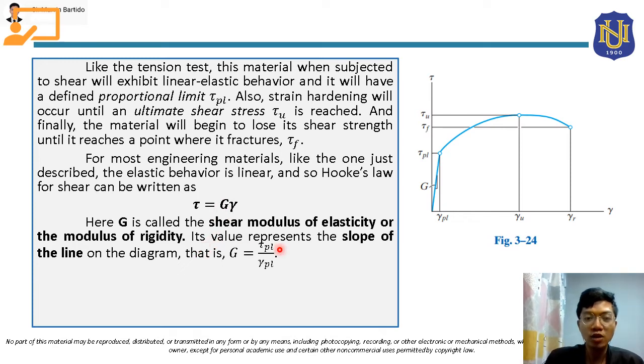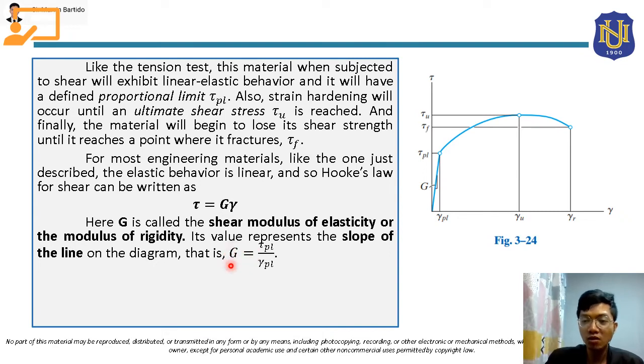Its value represents the slope of the line, the G here. So that is tau over gamma, right? That represents the slope. The rise here will be the value of tau, and the run here will be the value of gamma.